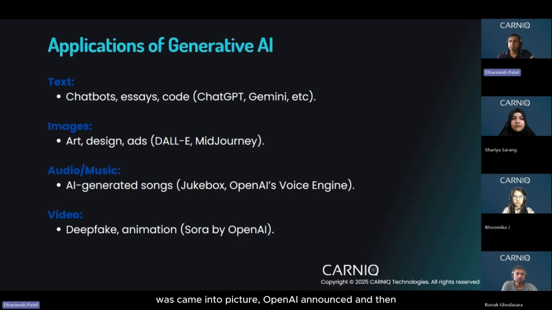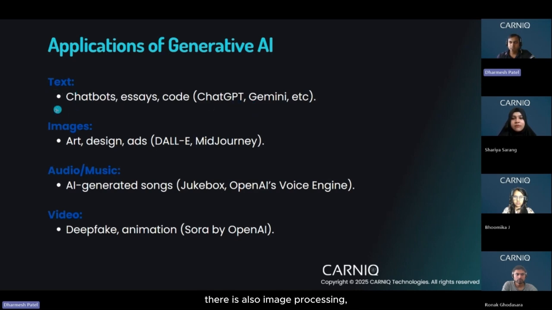OpenAI announced it, and it boomed, and now everyone is asking questions on ChatGPT and getting the responses. Now models like ChatGPT, Gemini, and Microsoft's tools, and lots of other models also came along just for text processing.